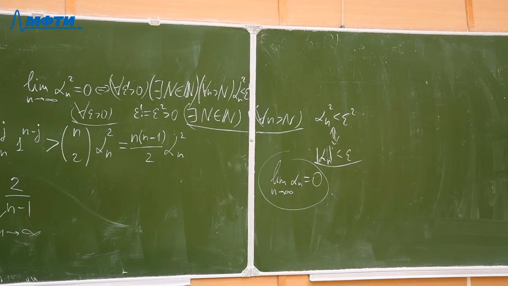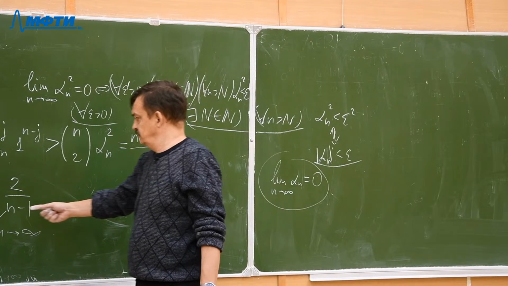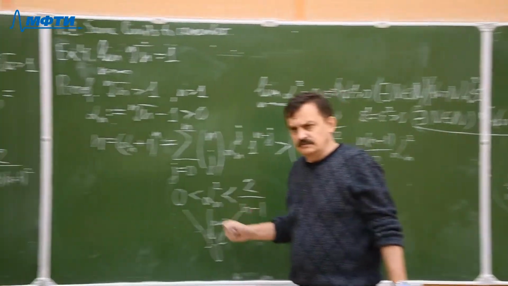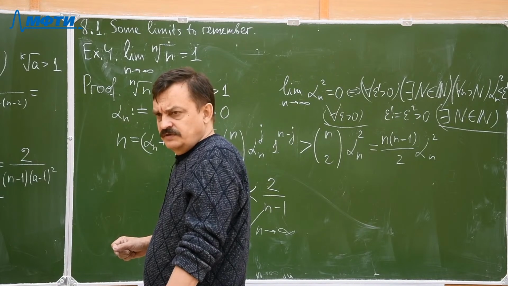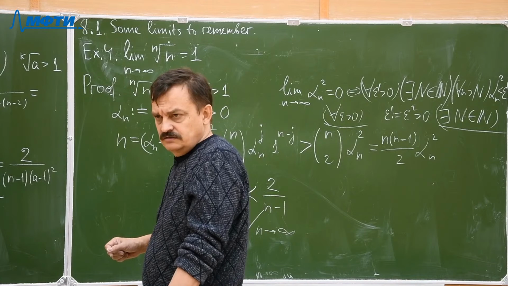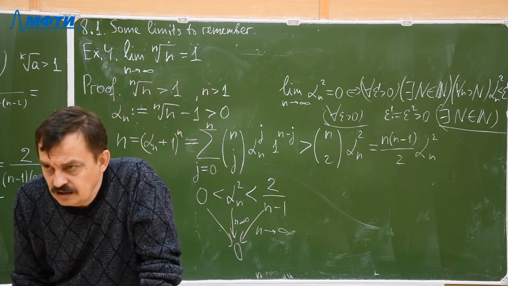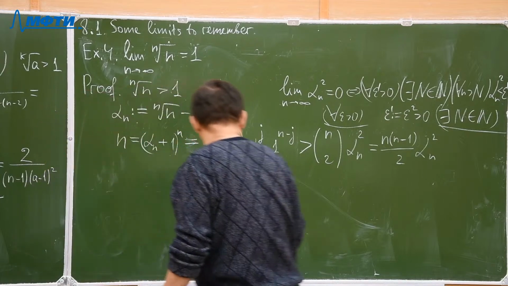Fourth example. Yeah, but this question: how did we get the two policemen? 2 over n minus 1. Yeah, 2 over n minus 1, it's okay.